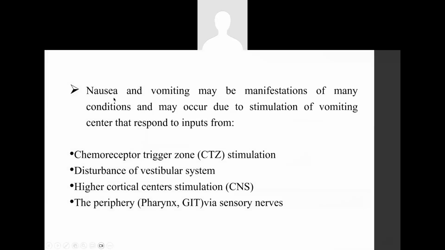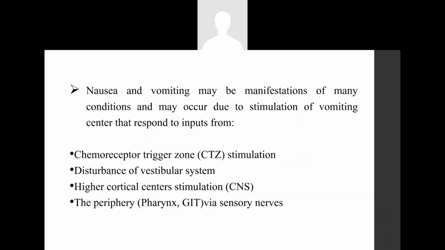Another point to check is that nausea and vomiting may be a manifestation of a certain disease or a response to a certain disease. But in general, nausea and vomiting is a condition that occurs due to stimulation of the vomiting center that responds to input.